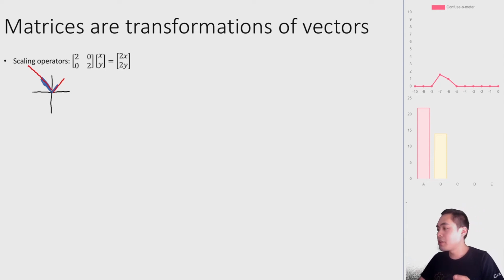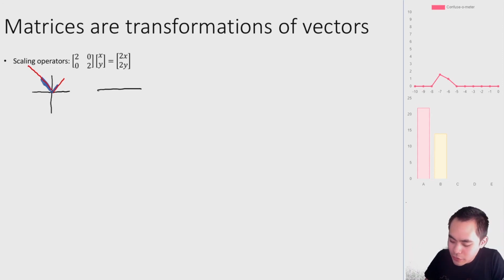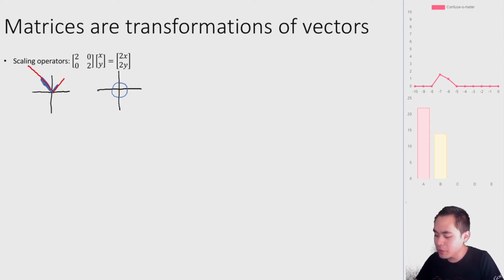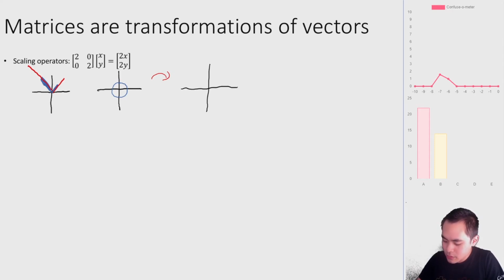You can think about these things as scaling entire shapes as well. Here we've drawn vectors as lines, but you can also think of vectors as just single points in space, right? So if you had a circle as your original shape and you scaled every single one of those points by doubling by 2, what you'd end up with is a doubled circle.